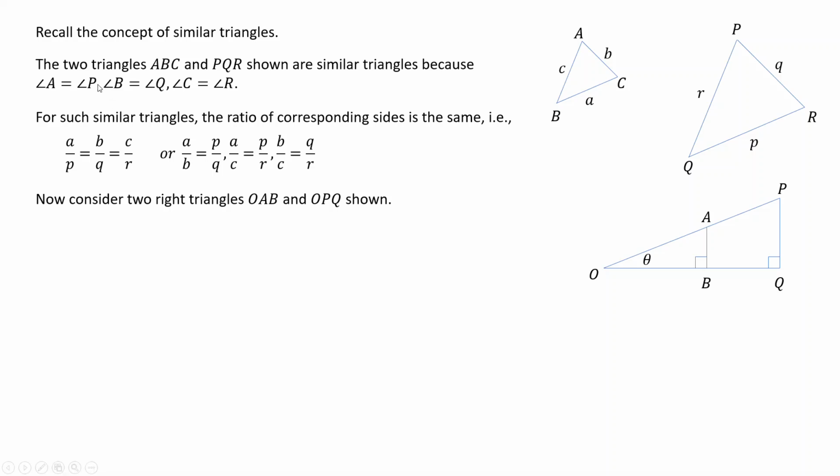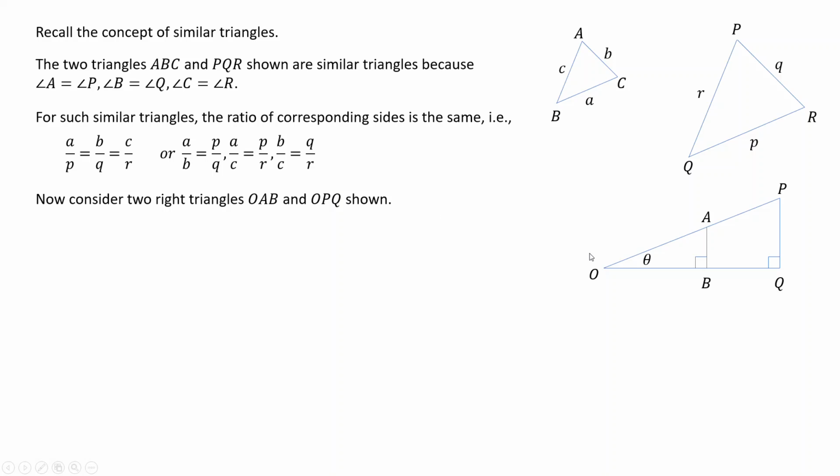Well, if you haven't figured it out, let me direct you back to this statement. The two triangles are similar triangles because the corresponding angles of the two triangles are equal.